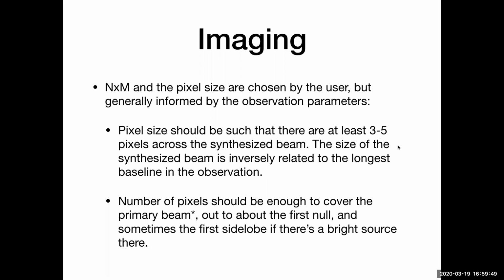But in VLBI, there are also different kinds of effects, things like time smearing and bandwidth smearing, different kinds of decorrelation effects, which tend to be a function of how far away from the center of your image you are. So VLBI images are limited in size by that and not by the primary beam. But the details of VLBI are outside of the scope of what I want to cover.